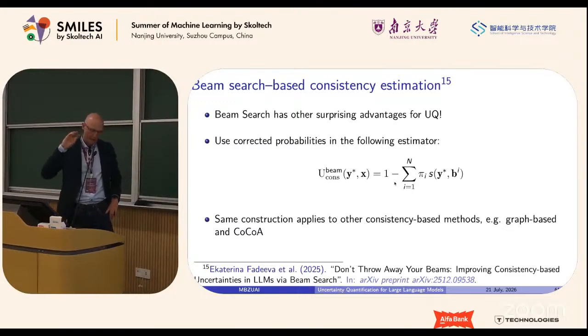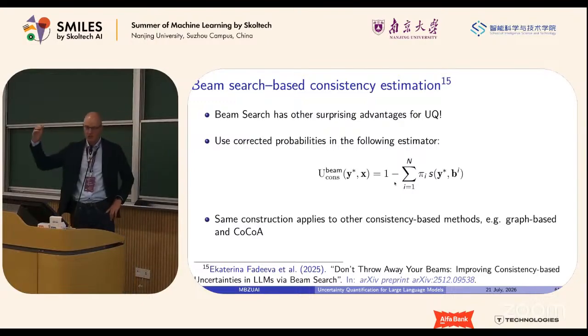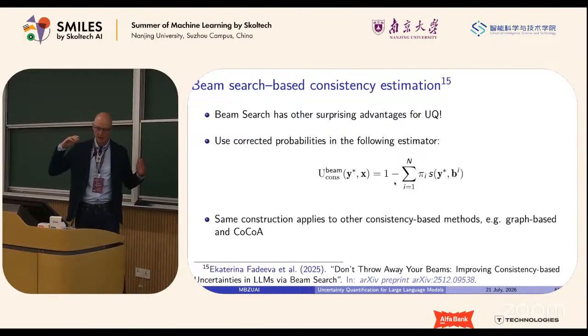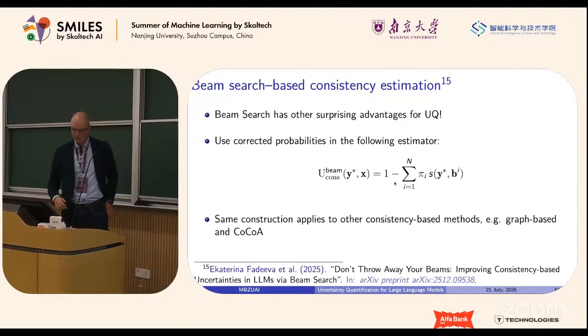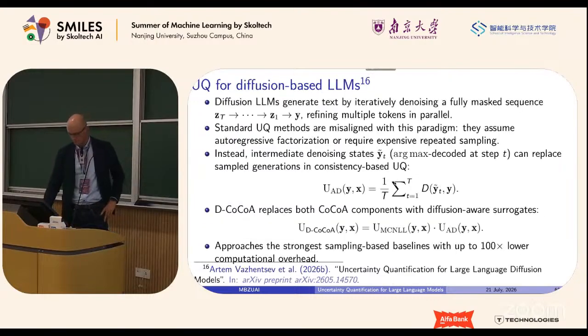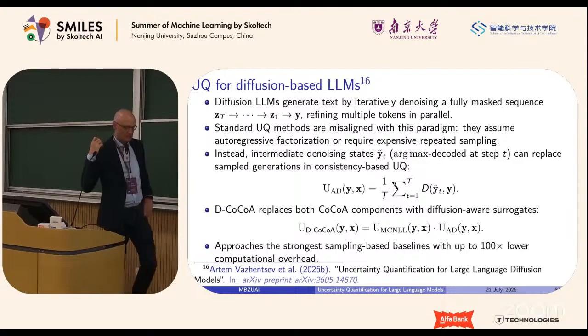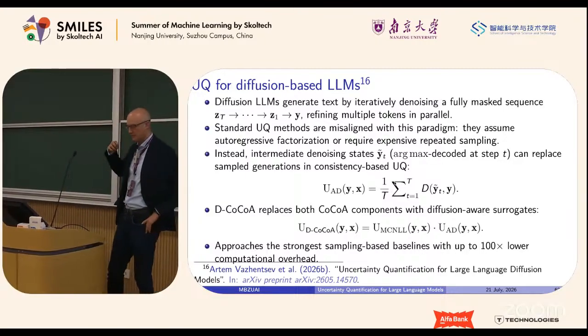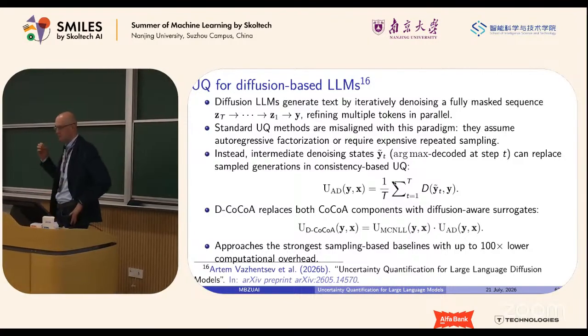We show that if your beam search recovers a big chunk of the probability mass in your distribution, then that gives you a benefit compared to the basic methods. One of the problems with consistency-based methods and any sampling-based technique is that they're very, very inefficient.